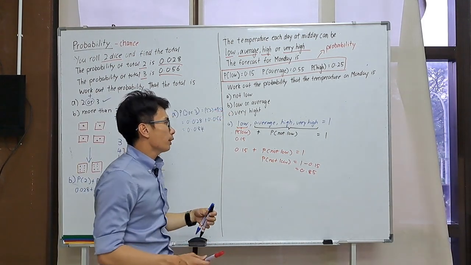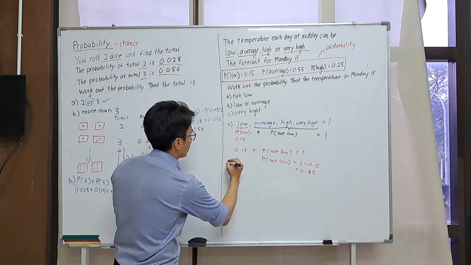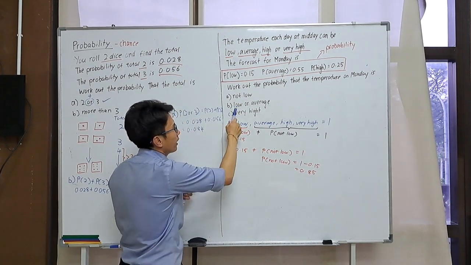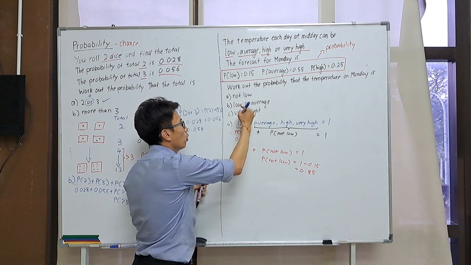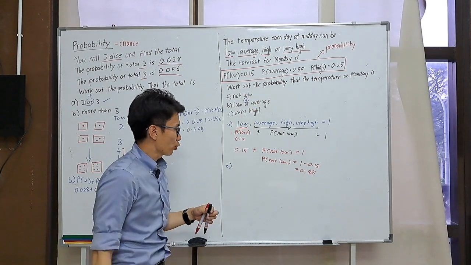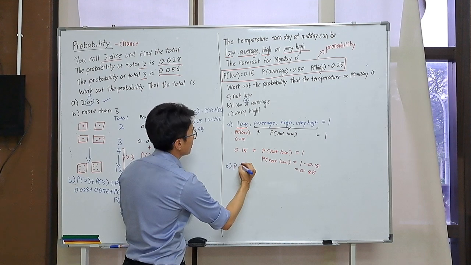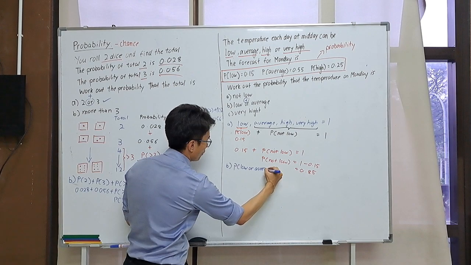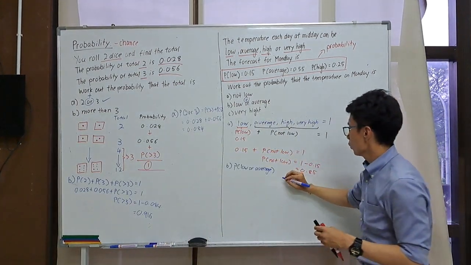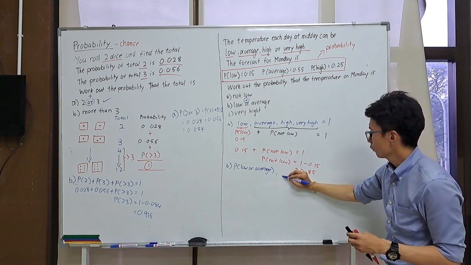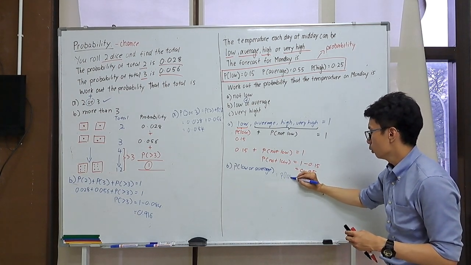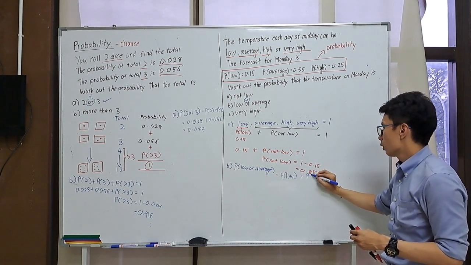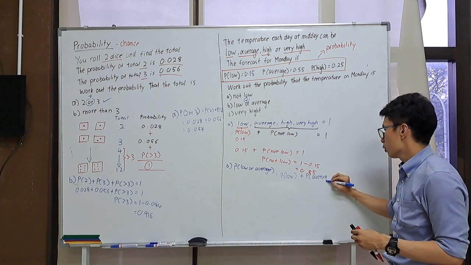Now part B, another very simple question. What is the probability that it is low or average? Remember, the word or means an addition operation. So I can write the probability that is low or average equals the probability of low plus, because of the word or, the probability of average.